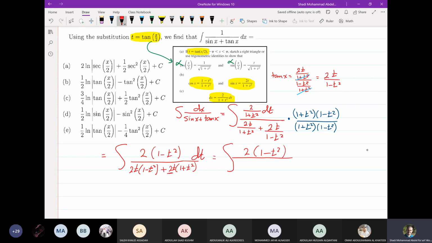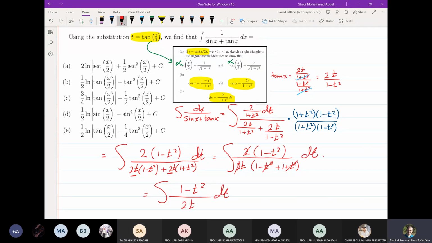Now you can take 2t from both sides as a common factor. So you will have 1 minus t square plus 1 plus t square. This one simplifies with that one, 2 with 2. So we will have the integral of 1 minus t square over 2t, right? dt.